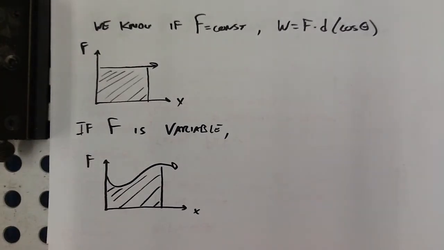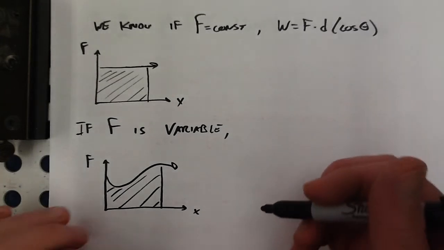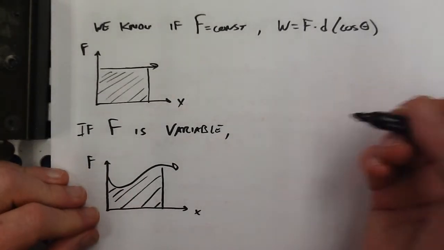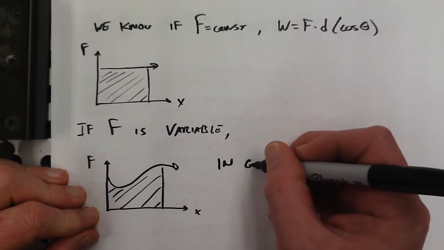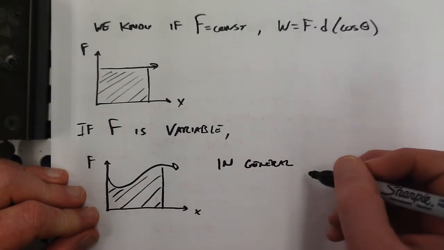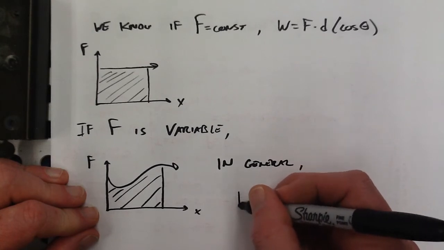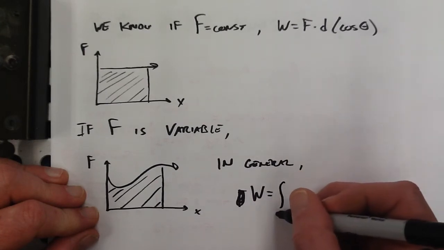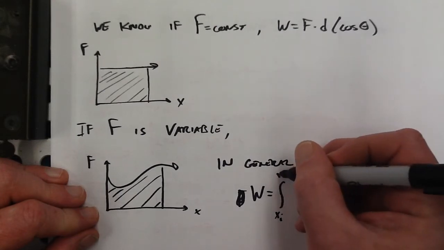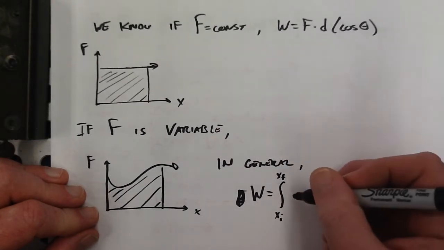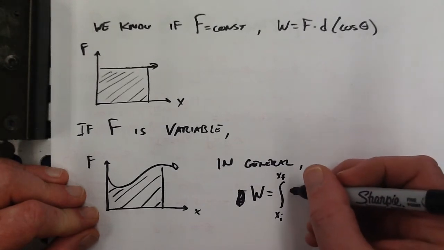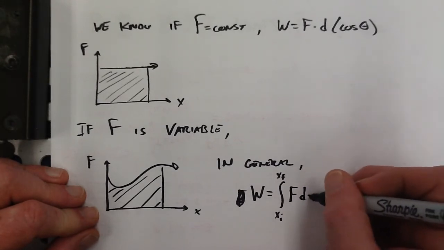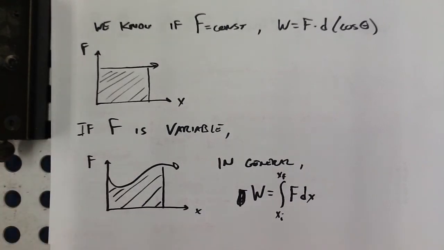And I think you might have come across this in your notes about spring force also. So maybe we already know this. But in general, work is equal to the integral from one position to some other position of force with respect to position.